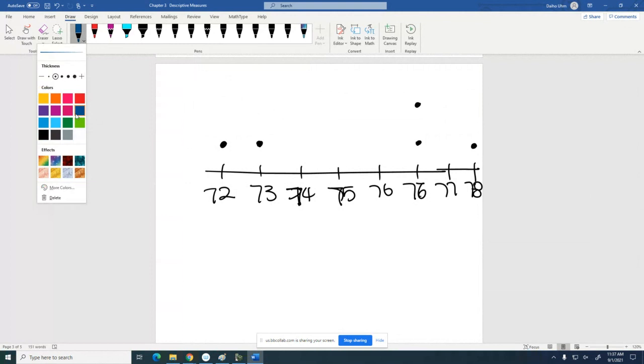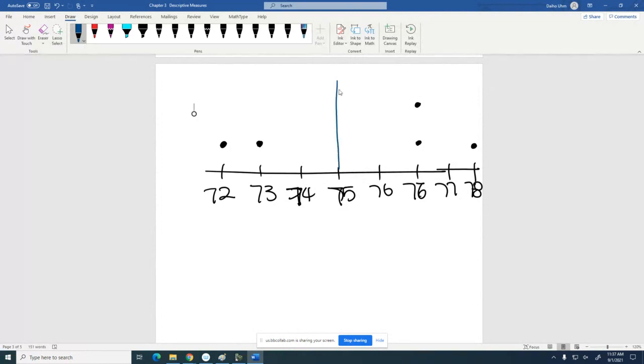Okay, let me try the 6 steps again. Step number 1, what did we get? Average. How much was the average? 75, thank you. Step number 1, sample mean 75.